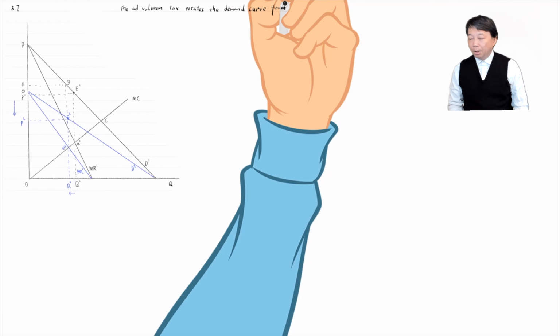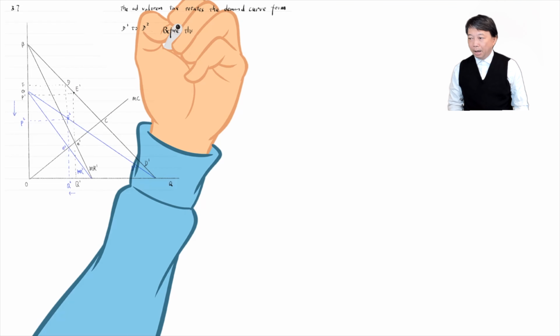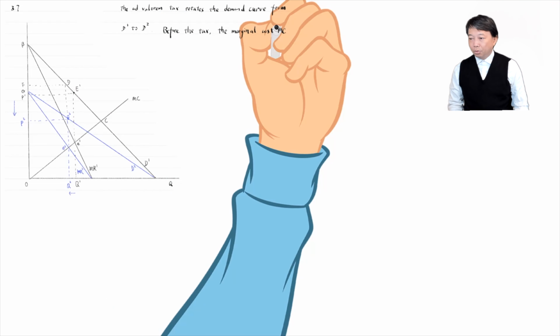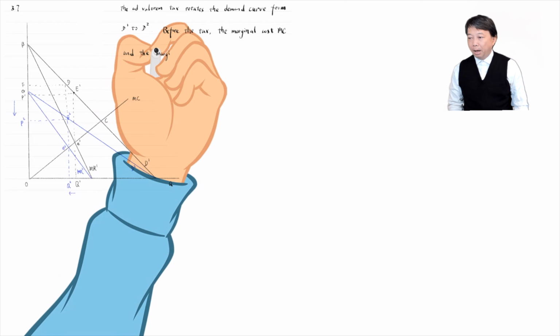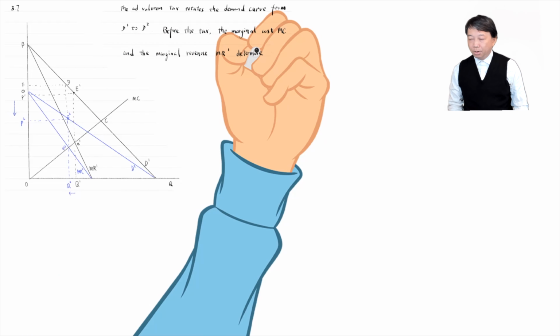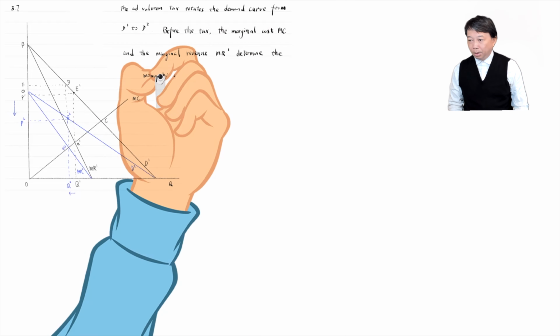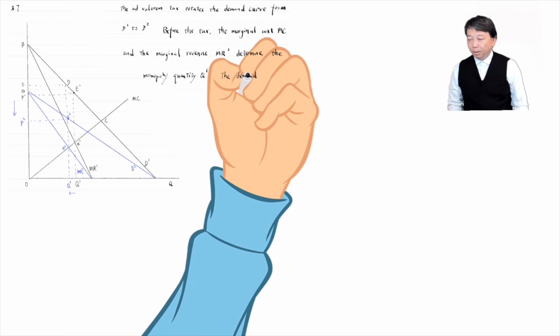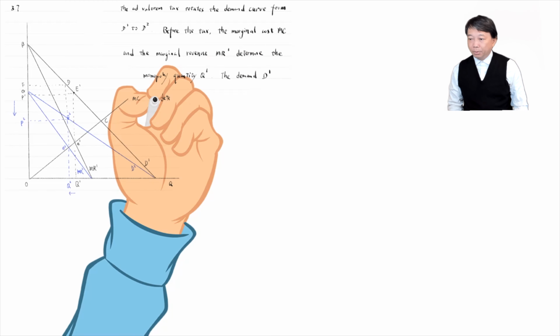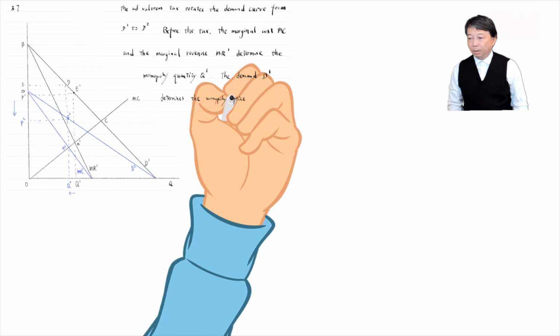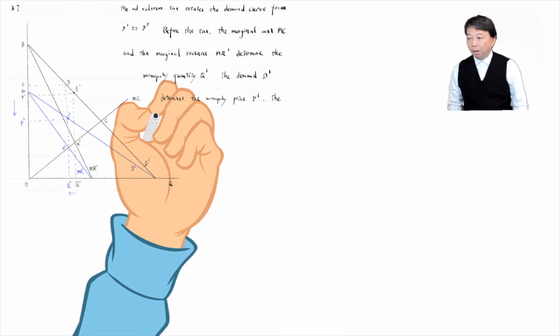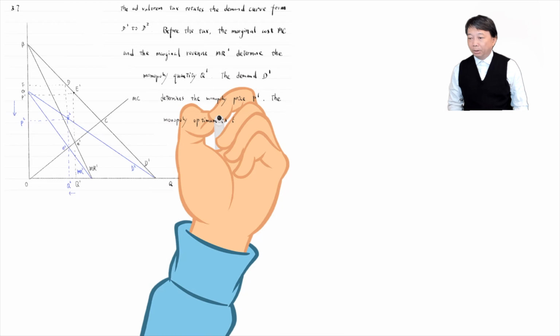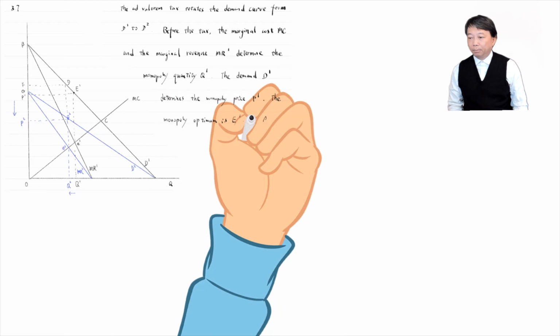Before the tax, the marginal cost curve MC and the marginal revenue curve MR1 determine the monopoly quantity Q1. The inverse demand determines the monopoly price P1. The monopoly optimum before the tax is E1.